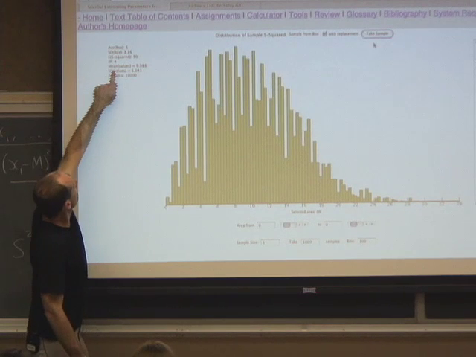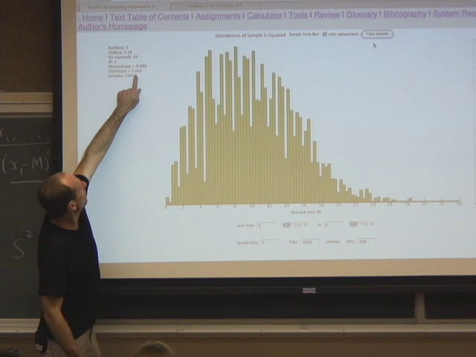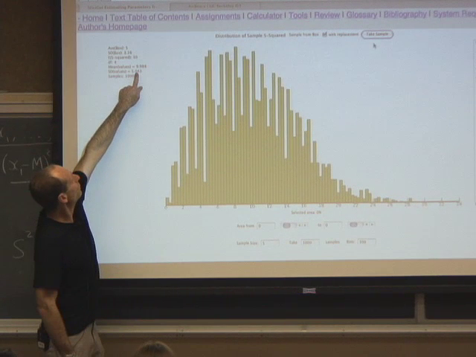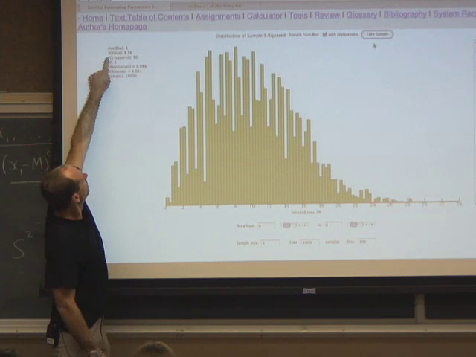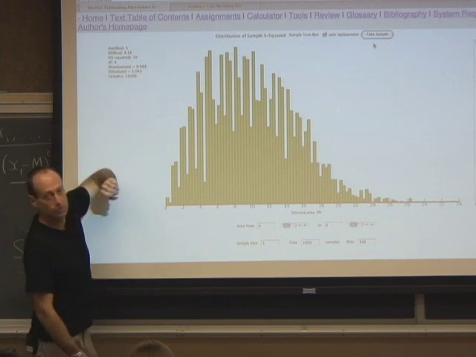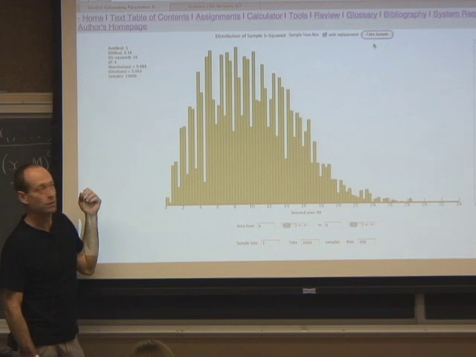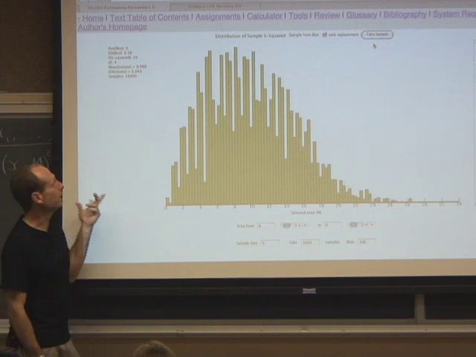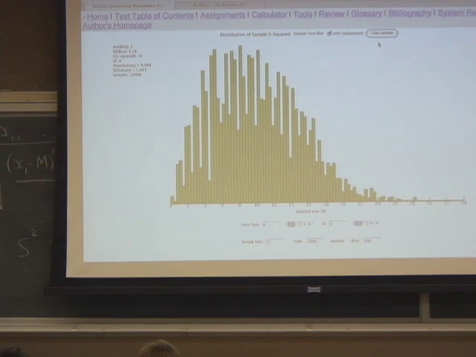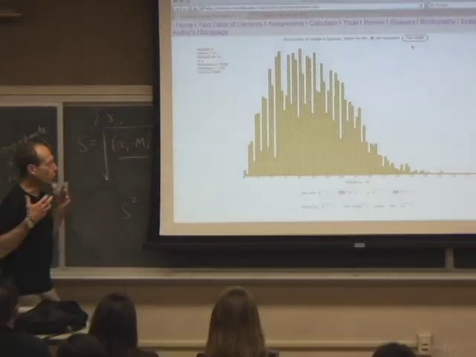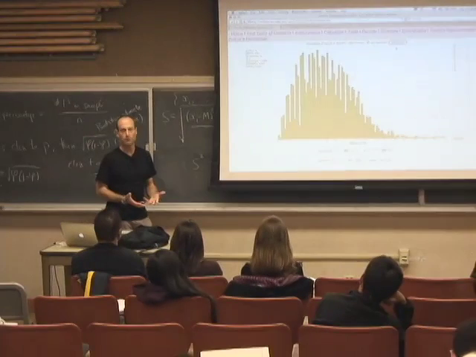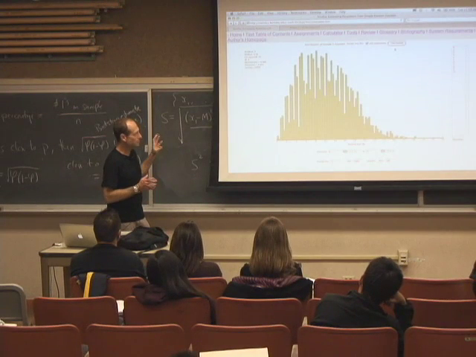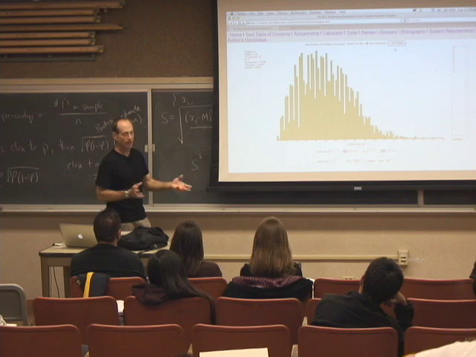The mean of those 10,000 values of S squared was just a little bit less than 10. The expected value is 10, the square of the SD of the box. Now, if we draw the random sample without replacement, then it turns out that S squared isn't unbiased for the SD of the box squared.